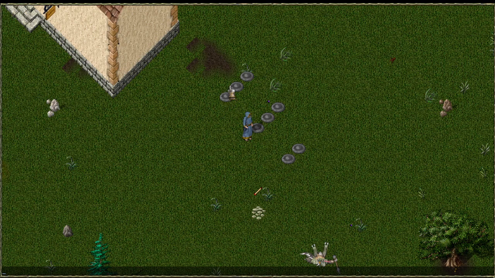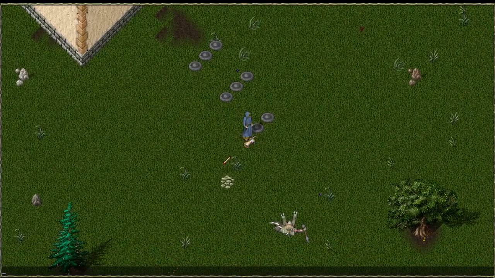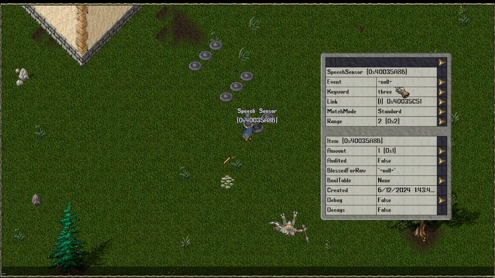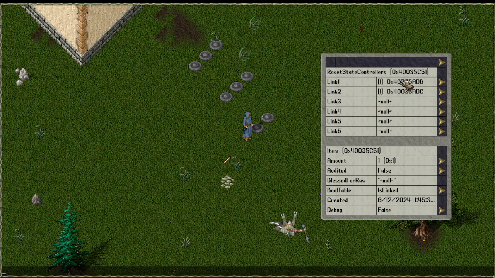When I said 1, it set that state controller, and they start independent 1-hour timers, right? And then over here, when I say 3, it's going to signal the reset state controller, and it's going to reset these 2 state controllers.